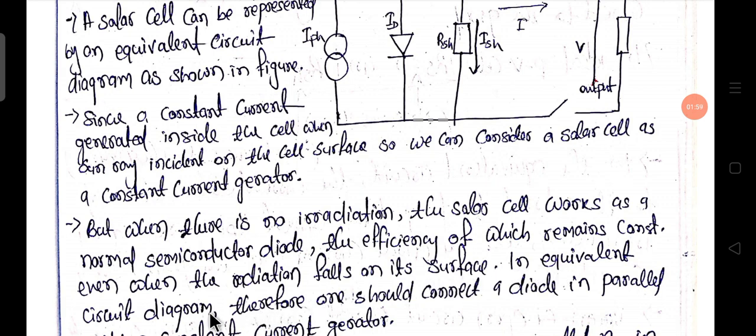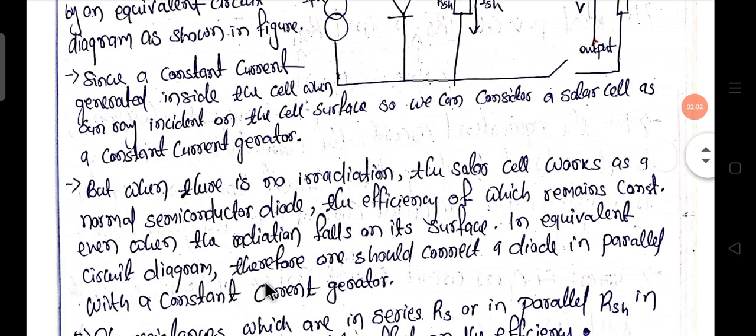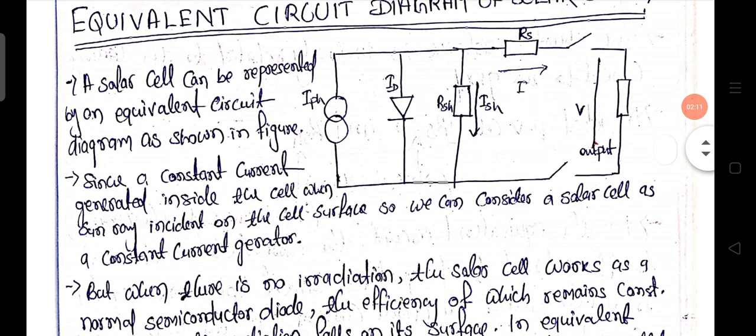In the equivalent circuit diagram, therefore, one should connect a diode in parallel with a constant current generator. Whenever no solar radiation falls on the solar cell, it acts like a general PN junction diode.